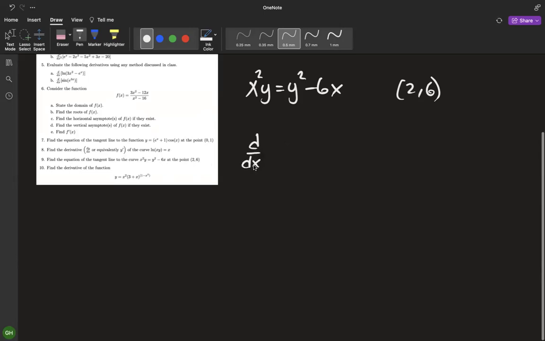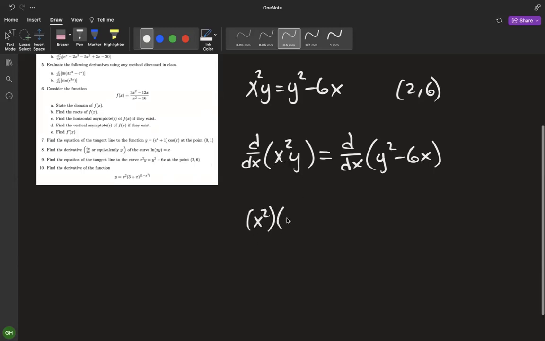So d by dx of x squared y equals d by dx of y squared minus 6x. So this first term, when I take the derivative, it's the product rule because it's x squared times y. So that's going to be x squared times the derivative of y plus x squared prime times y.